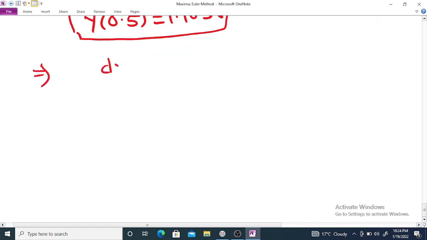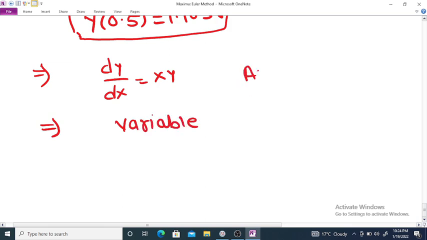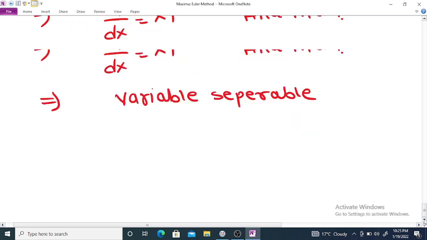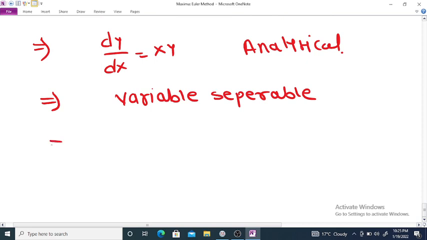The given differential equation is dy by dx equal to x into y. By using the variable separable method, which is an analytical method, we can write this differential equation as dy divided by y is equal to x dx.